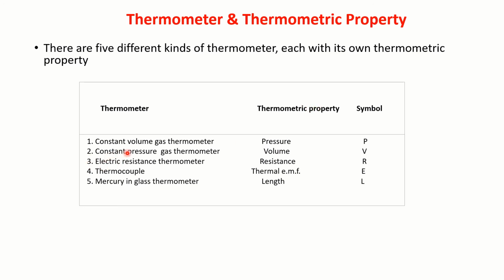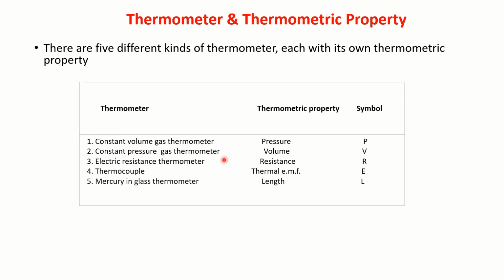Similarly, I can have a constant pressure gas thermometer. Here, keeping the pressure constant, as the temperature changes, volume can change. So volume I can use as a thermometric property. Pressure is directly proportional to temperature when the volume is kept constant. Sorry, volume is directly proportional to temperature when the pressure is constant.